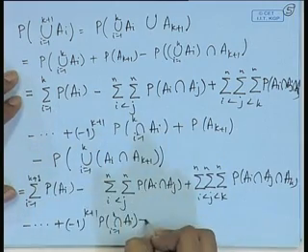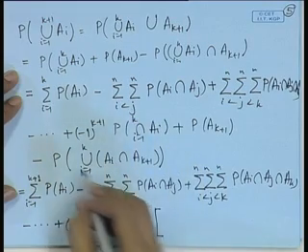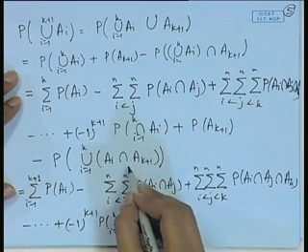Now, let me expand the last union by using the formula for n is equal to k.